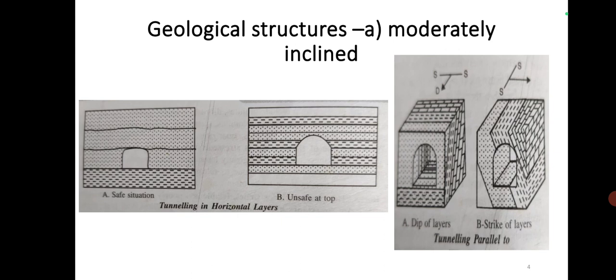So the center line of the tunnel is also parallel to the dip. Whereas in figure B, the tunneling is done parallel to the strike of the layers.